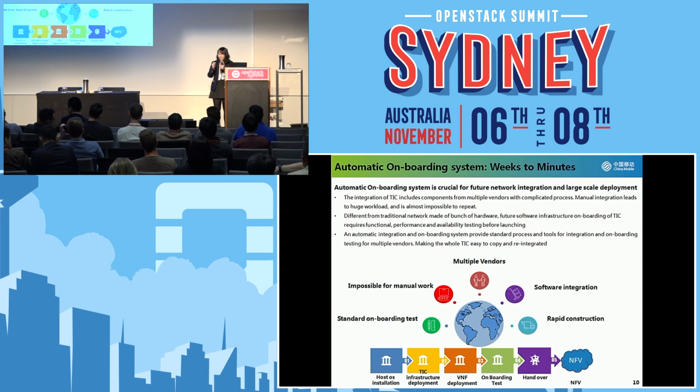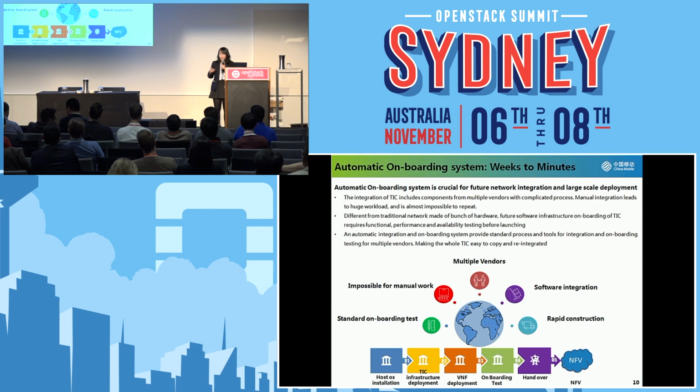They actually do not have much experience deploying OpenStack. So how can we help them integrate thousands of ticks regionally? That's why we hope to provide this tool to them to help at least reduce the workload. So as you can see, the integration of a tick actually includes lots of components from different vendors for us. And the manual integration will lead to huge workload, and it's almost impossible for us to copy the work.